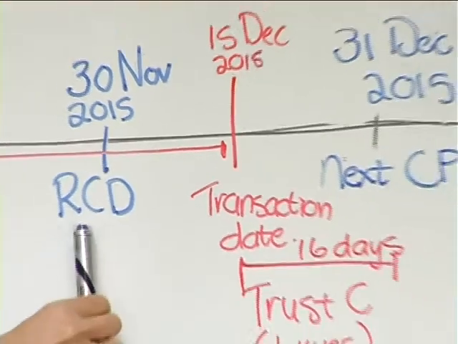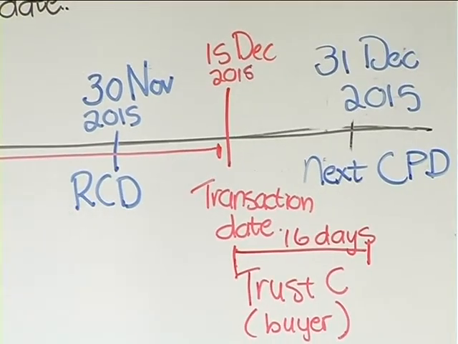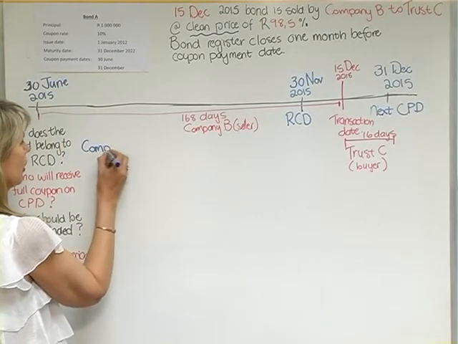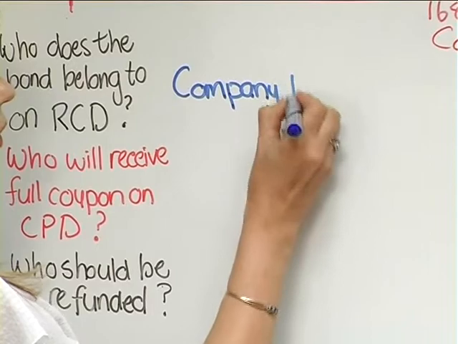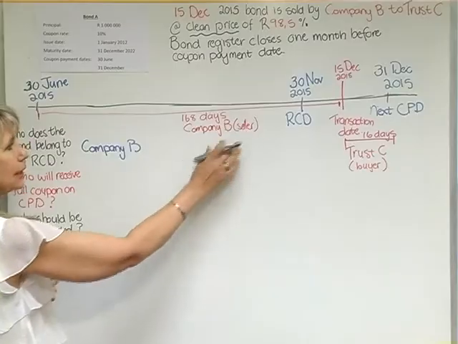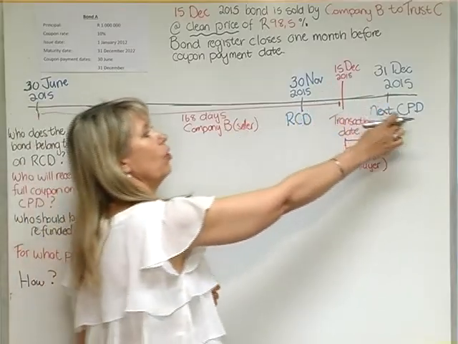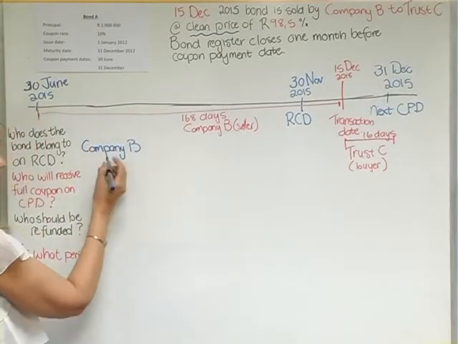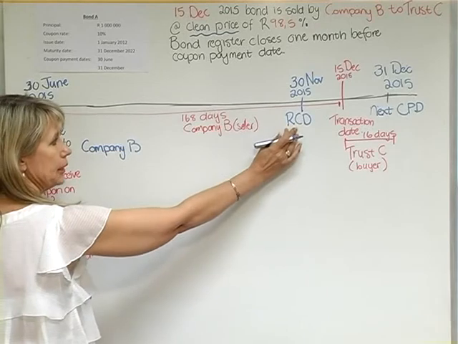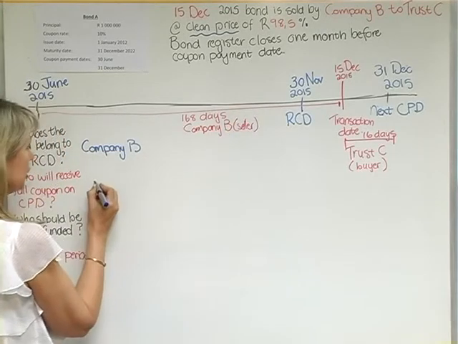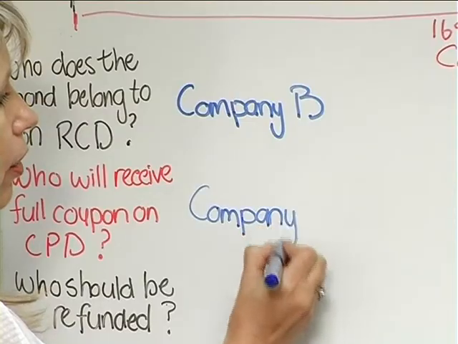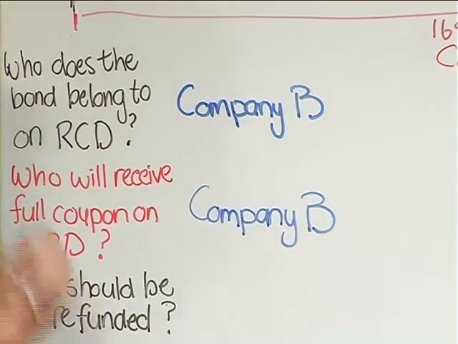So on the register closing date, the bond belongs to company B. Who will receive the coupon on the coupon payment date, on 31 December? Because it belongs to company B on the register closing date, company B is going to receive the full coupon.